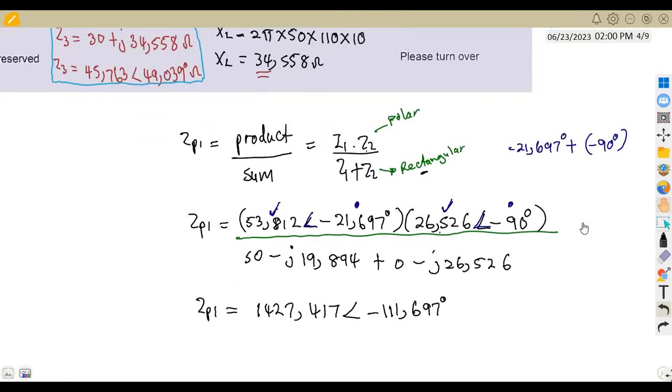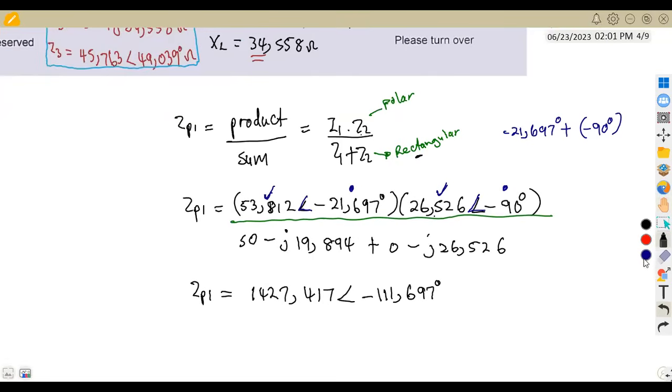Then what about the addition in rectangular form? Why prefer adding in rectangular form? Because you simply add the real terms together. So here we add our real terms, 50 and 0, which is going to be 50.